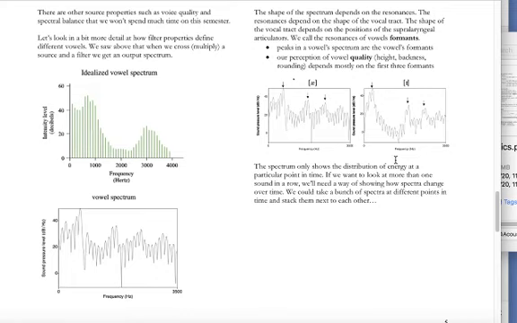Now these spectra that we're looking at, the plural of spectrum is spectra, they only show the distribution of energy at a particular point in time. Right? So this is like looking at 100 milliseconds of an A vowel, saying within that particular time period, what's going on with the distribution of energy at different frequencies.